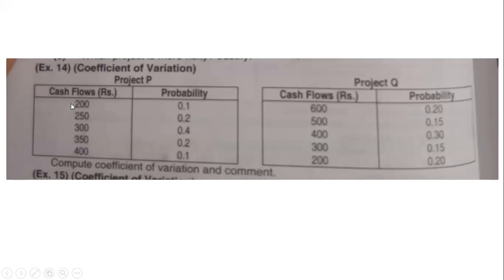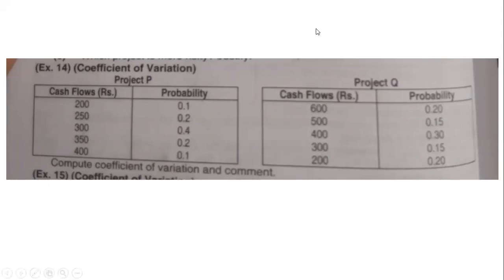The second way is to multiply with the probability, write the product in the right side column, and make the total of that. You will get the expected value. Then you don't have to divide by 5. Once you multiply with the probability and get the answers in the separate column, you add all the figures in the third column; that is expected value.